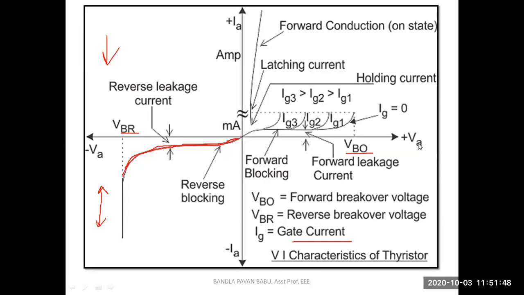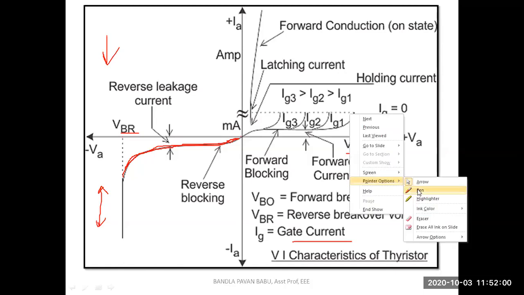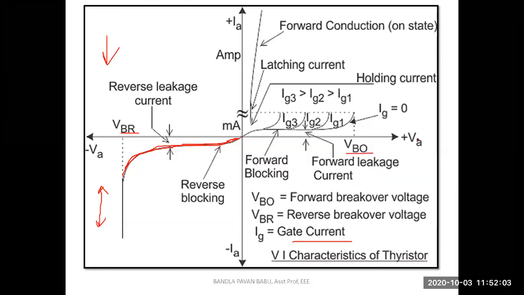See, this is the VA, the anode voltage, between anode and cathode. In some of the textbooks you can see it is VAK actually, or you can consider it as VA, the anode voltage.